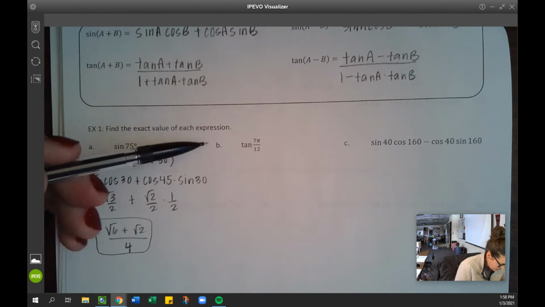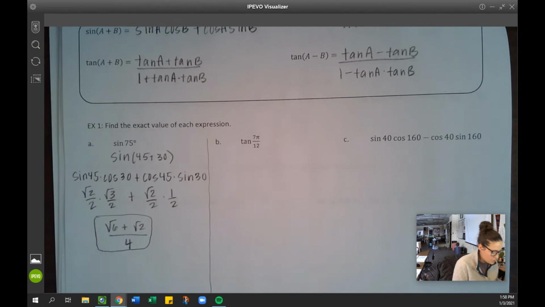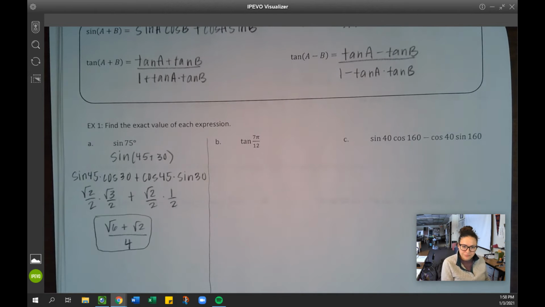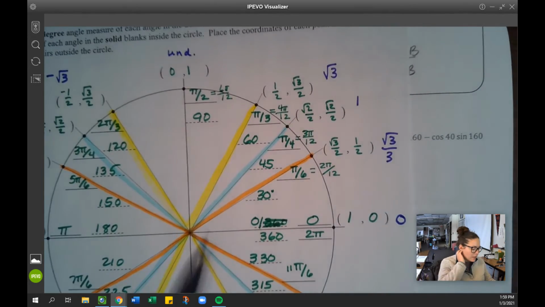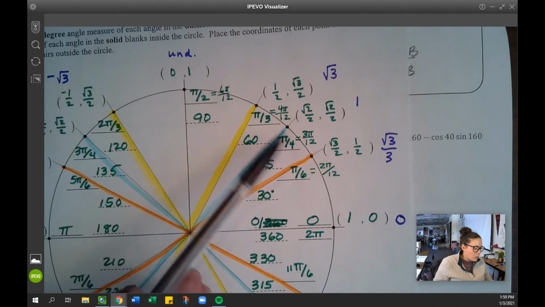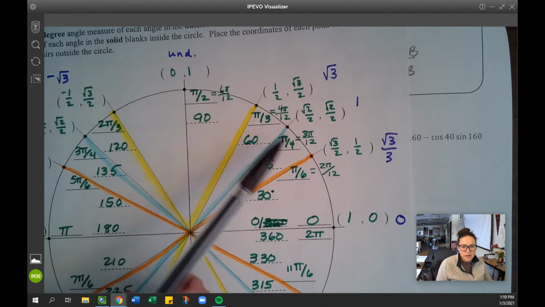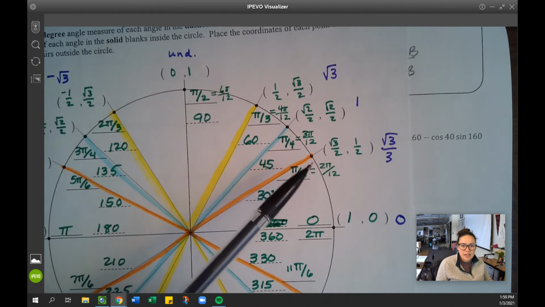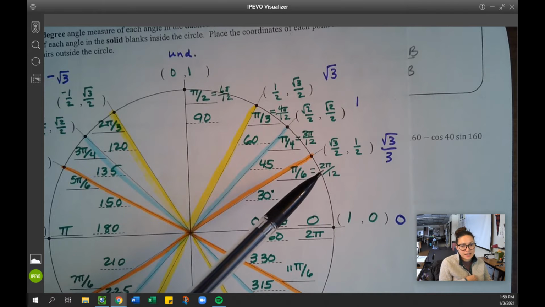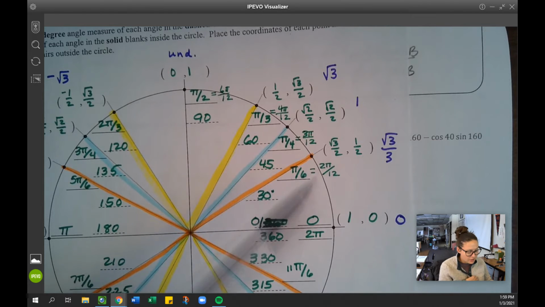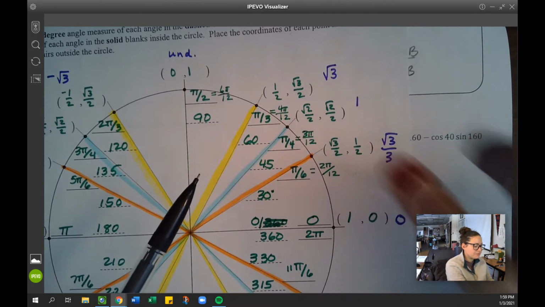All right, not gonna lie, this one's a little bit of a doozy, but we'll get through it. 7 pi over 12. All right, we got to figure out how to get 7 pi over 12. And this is one of the reasons why I rewrote all of those radian measures in twelfths, because when it's like this, for me, it makes it a lot easier to see what two angles I need to add together to get to 7/12, right?